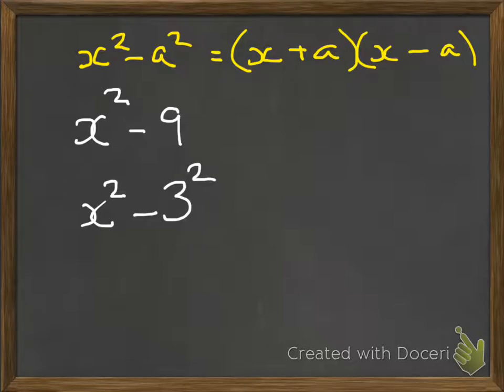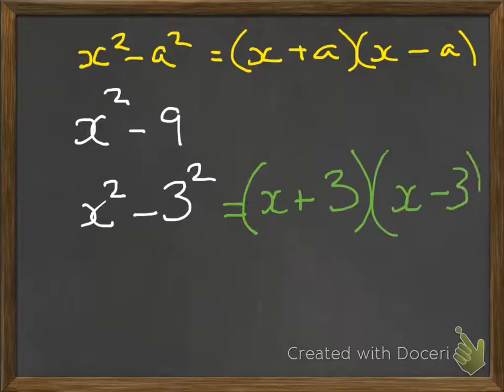Now that I have it in this format, I can directly translate it, so it becomes x plus 3, x minus 3.